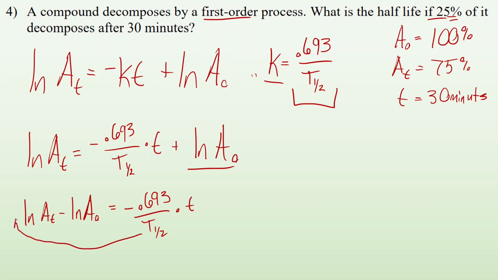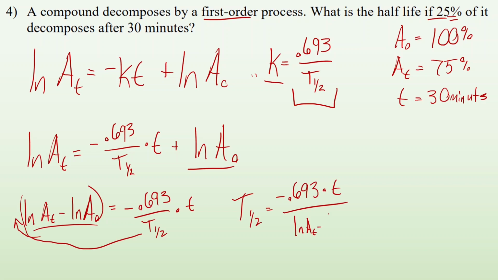I'm going to multiply each side by t1/2, and I'm also going to divide each side by the natural log of At minus the natural log of A0. So I end up with t1/2 equals negative 0.693 times time divided by ln of At minus ln of A0.